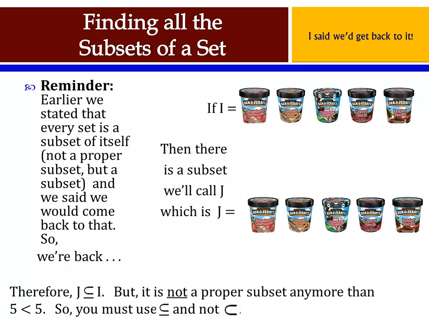Remember, 5 is less than or equal to 5, but you can't say 5 is less than 5. That's just not true. So you must use the symbol for subset and not proper subset. Remember, if two sets are equal, one is not a proper subset of the other, but it is a subset of the other.